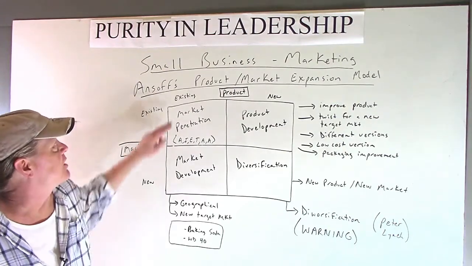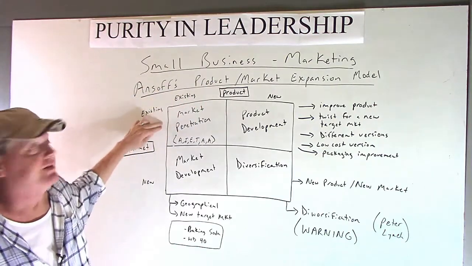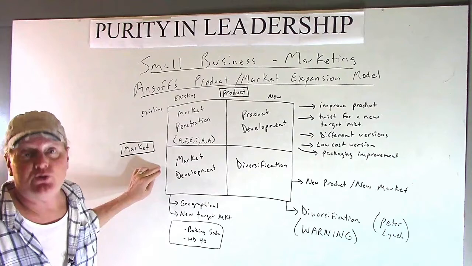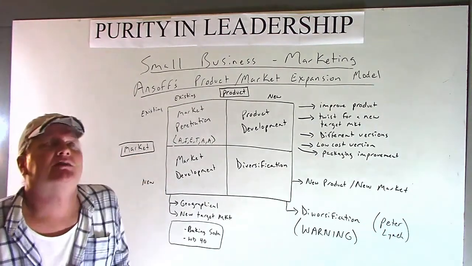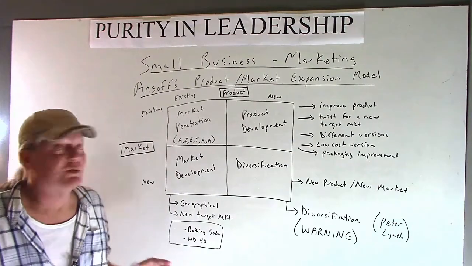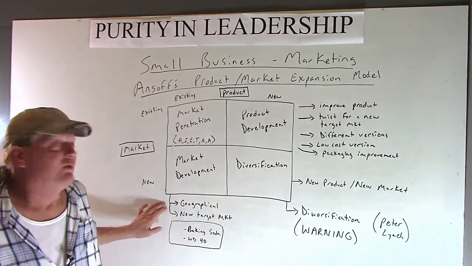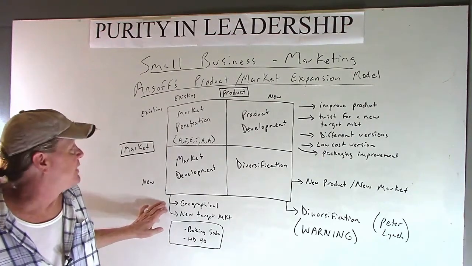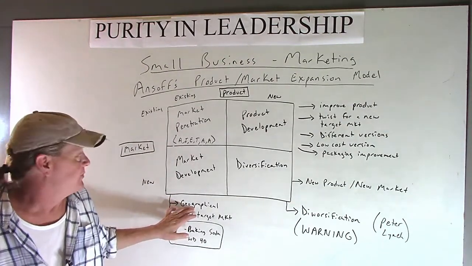Our next option is to use the existing product, and instead of looking at the existing market, we look at new markets. This is called market development. We need to develop new markets for our product. Now we're supposed to keep the product the same, right? So maybe we can increase sales by looking at new geographical regions.